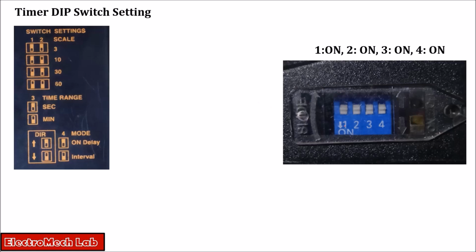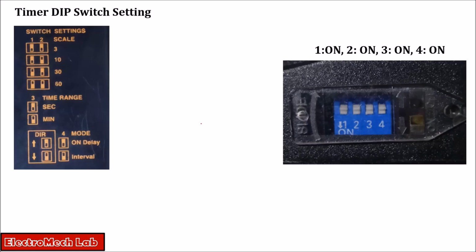There are four switches: one and two are for the scale, which scale you want for your dial, and the third switch is for second or minute, the unit of the dial. And the fourth is for selecting the mode, which mode you are going to use, on delay or interval.